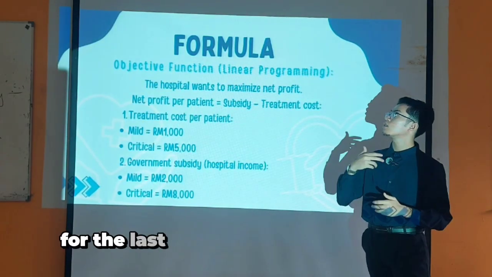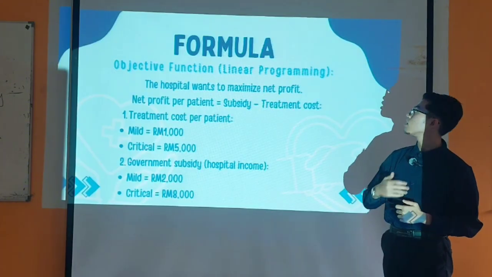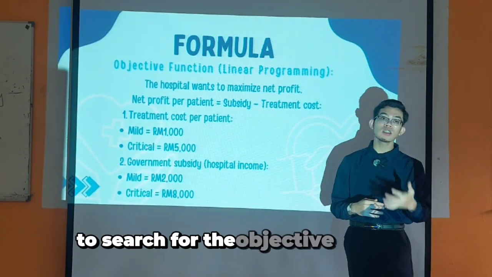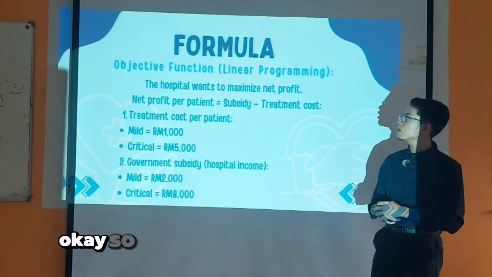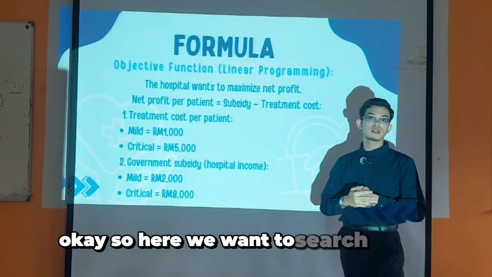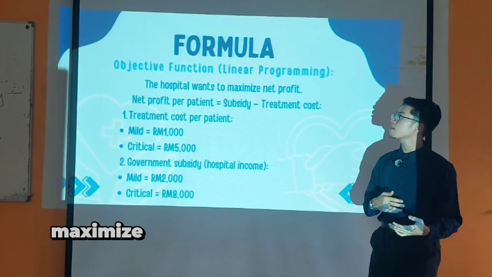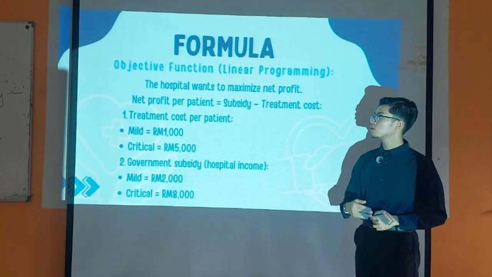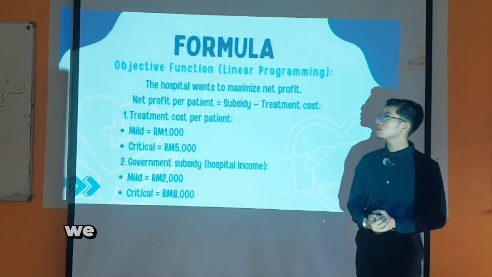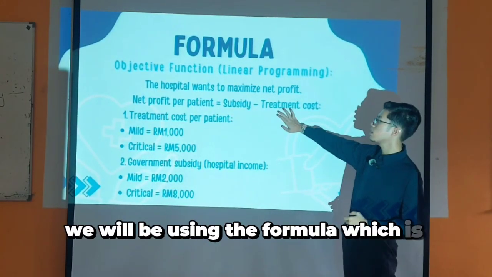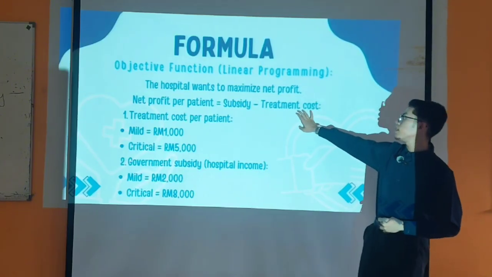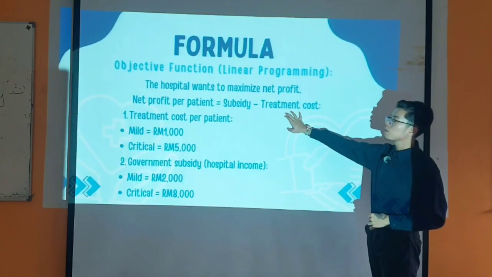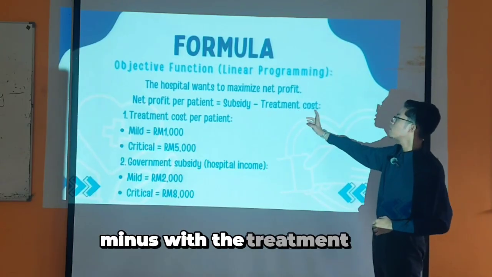For the last formula, we will be using linear programming to search for the objective function. Here we want to find the maximized net profit for the hospital. To do so, we use this formula: net profit per patient equals the subsidy it gets minus the treatment cost.